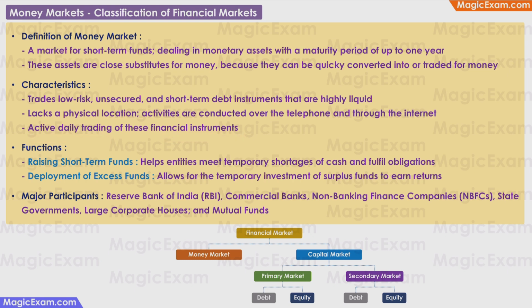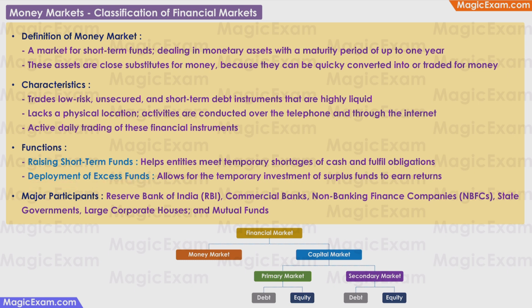The money market helps in raising short-term funds. They help entities in meeting temporary shortages of cash and fulfill obligations, such as working capital requirements or to take care of any urgent payments, etc. The money markets facilitate the deployment of excess funds.